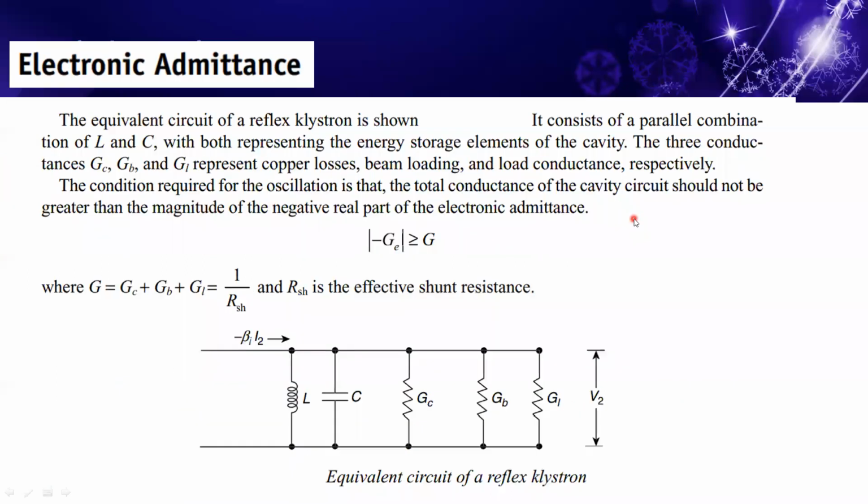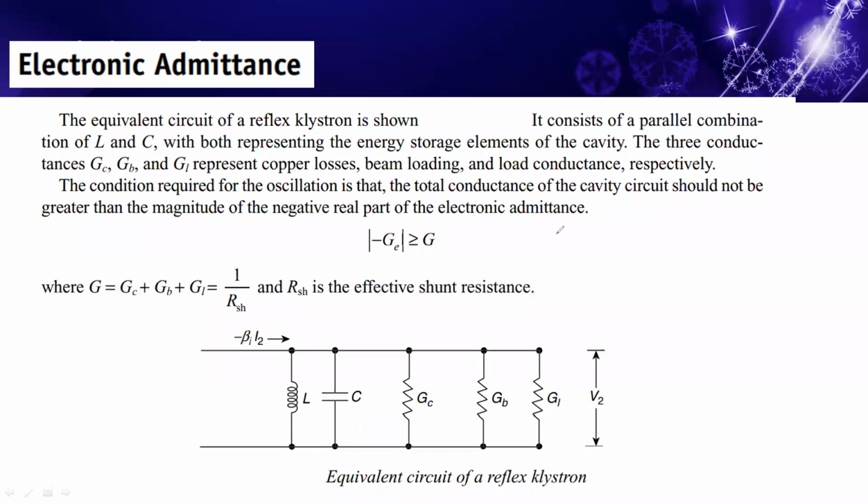For this, initial considerations are taken. We have to estimate the oscillations where the requirement is met. Oscillations take place when the net conductance is less than 0, and at that condition we have to maintain our oscillations.